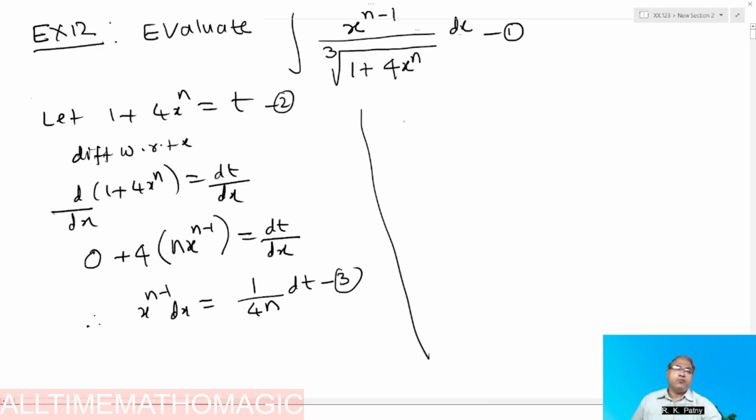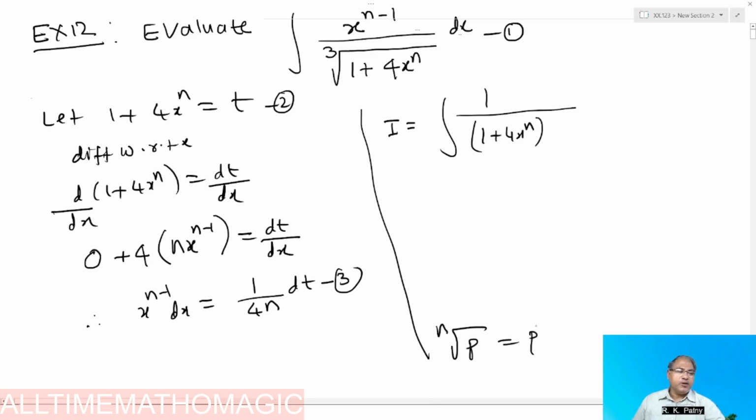From 1 and 2, the given question becomes 1 upon 1 plus 4x raised to n, and if I remove the root, because the nth root of p can be written as p raised to 1 upon n, the cube root can be written as raised to 1 upon 3, and x raised to n minus 1 dx.